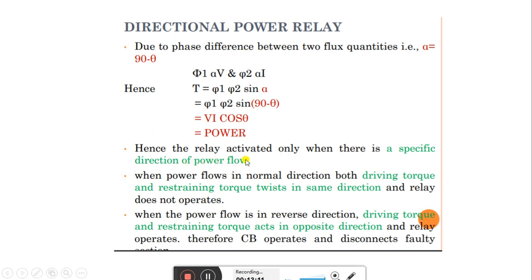Hence the relay is activated only when there is a specific direction of power flow. When power flows in the normal direction, both the driving torque and restraining torque twist in the same direction and the relay does not operate. So in normal condition, the relay will not operate if power flows in the normal direction.